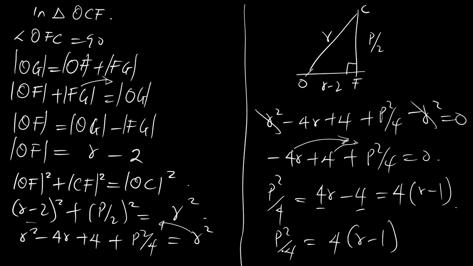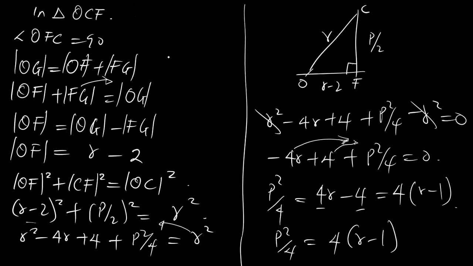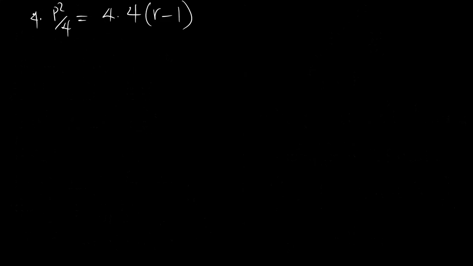So multiplying all through by 4, you now have 4 times P square all over 4 is equal to 4 times 4 into R minus 1. So this will cancel. We have P square equal to 16 into R minus 1.